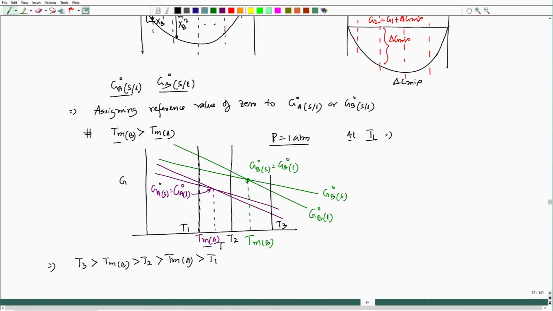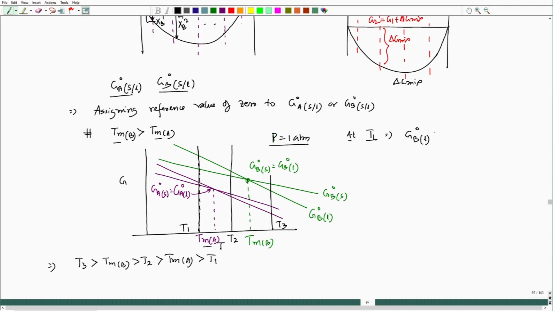At T1, how does this free energy hierarchy work? We can see that G_B liquid has the maximum free energy considering this plot, and remember these free energies are with respect to this graphical plot. We can take the mod value if they are negative, but at this moment we are just taking those values as per the graph.